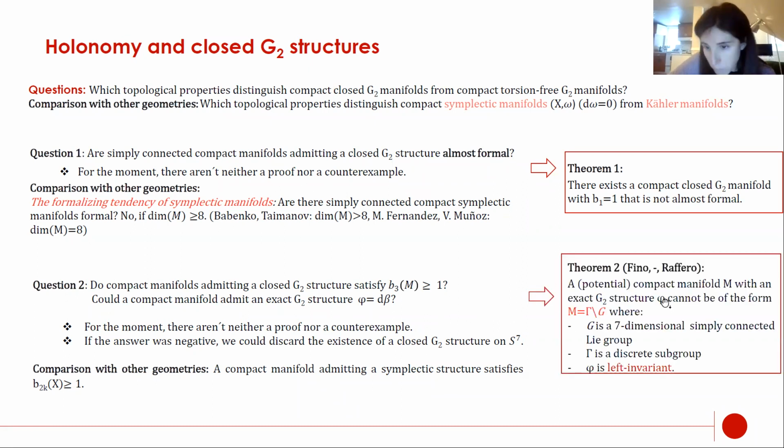And I'm gonna show this result, which is a joint work with Fino and Alberto Raffero, that states that a potential compact manifold with an exact G2 structure is not the compact quotient of a 7-dimensional simply connected Lie group by a discrete subgroup in such a way that the three form is left invariant.